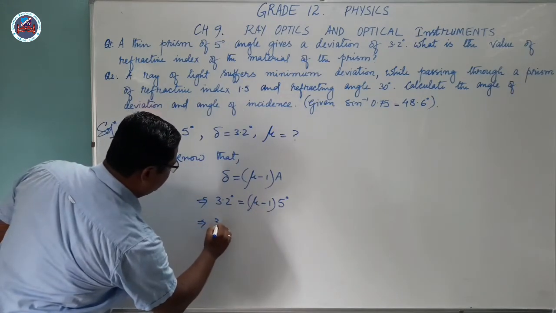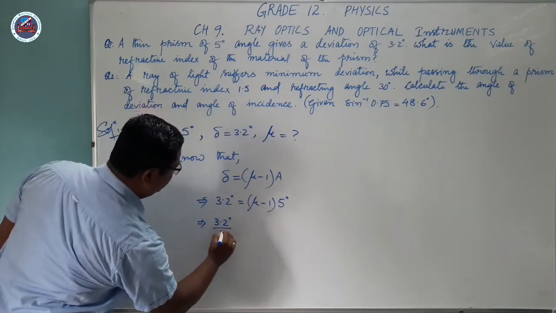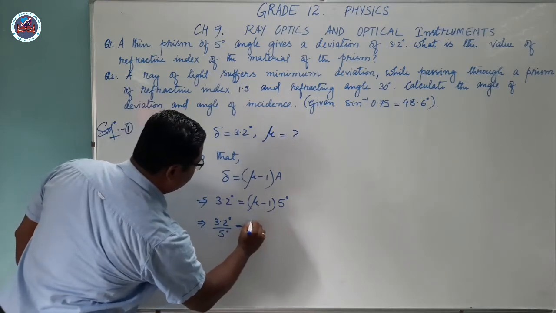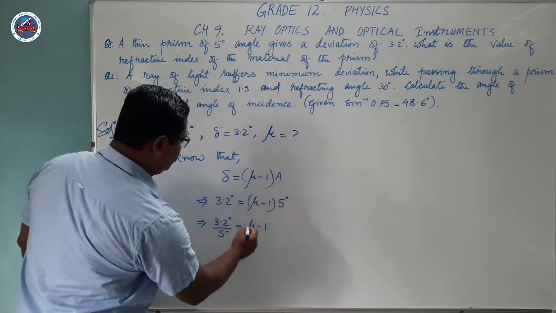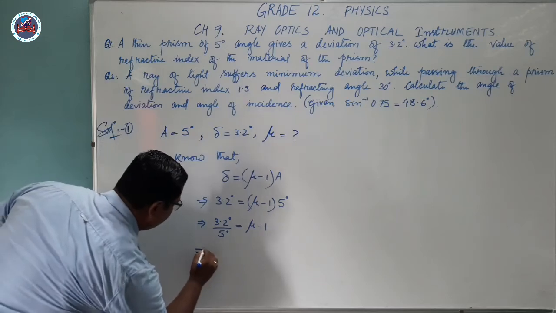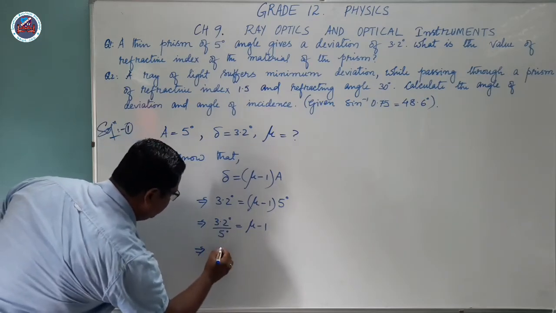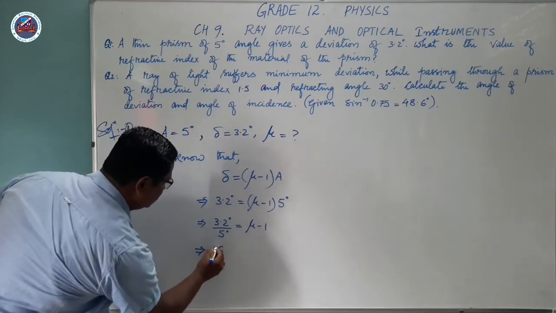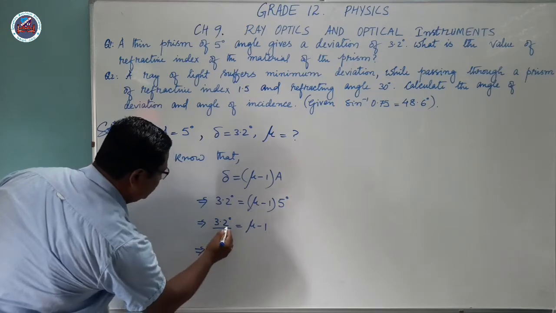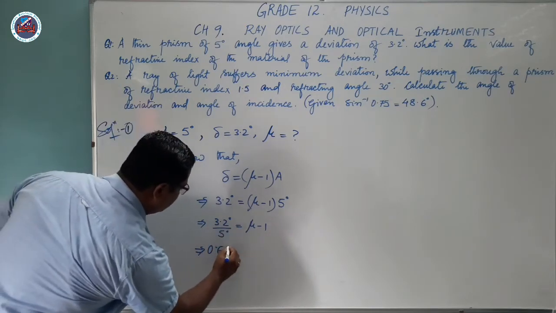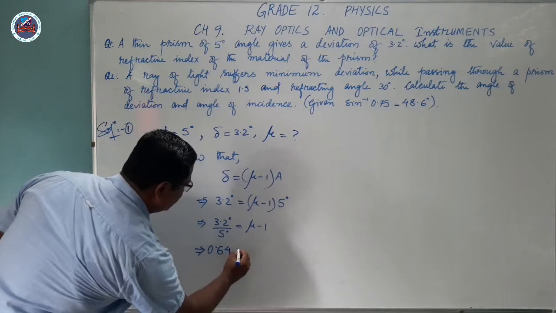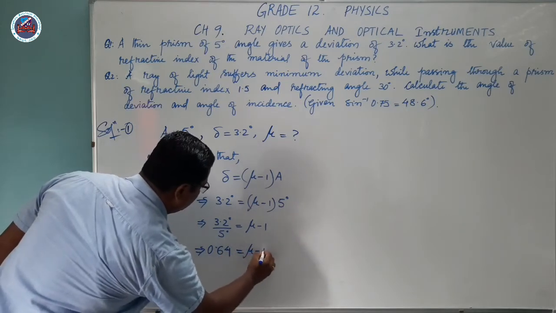So if you cross multiply, 3.2 degree divided by 5 degree is equal to mu minus 1. Now degree will get cancelled. 5 6 are 30, decimal will come here, and then 2 0, 5 4s are 20. It's equal to mu minus 1.